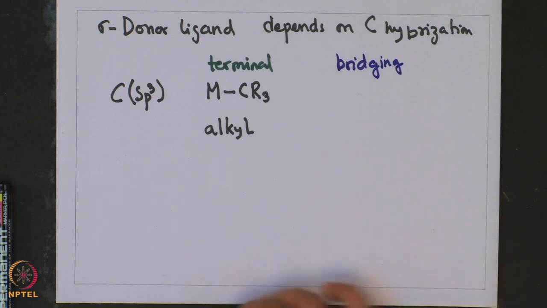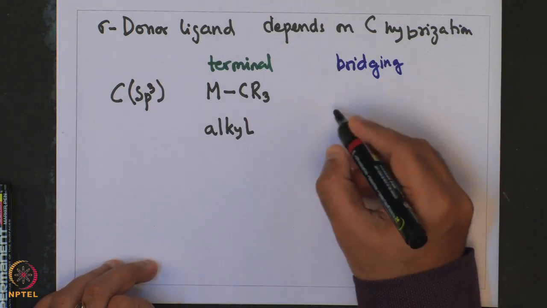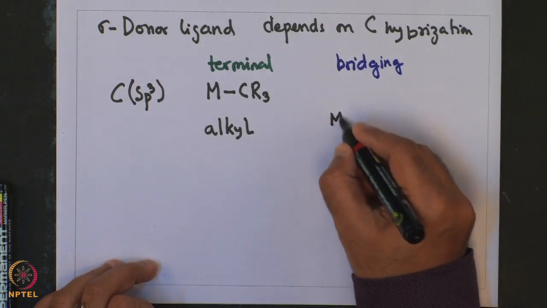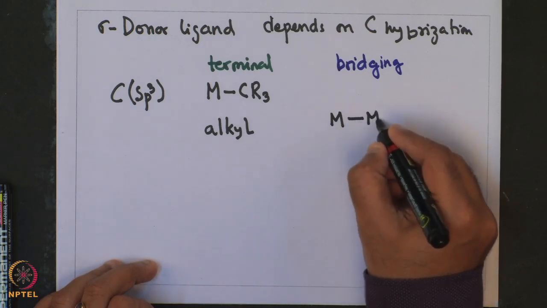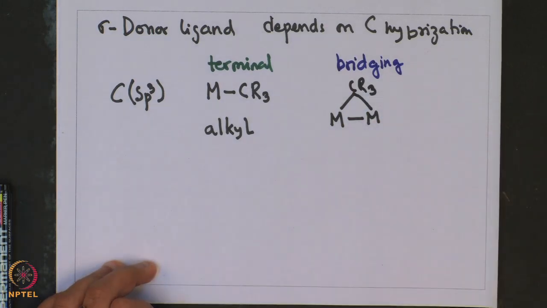If it bridges between two metal centers, that can be represented as shown here.